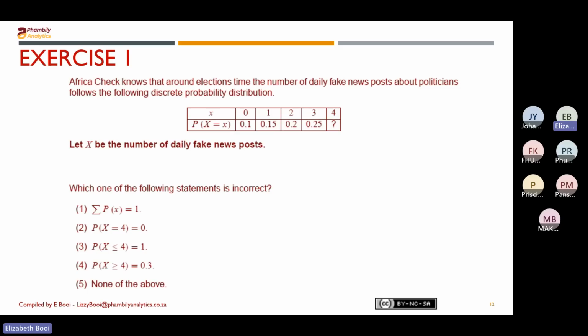What is the answer for 4? You can also write in the chat if you have the answer. Anyone? 0.7? Isn't it 0.7?